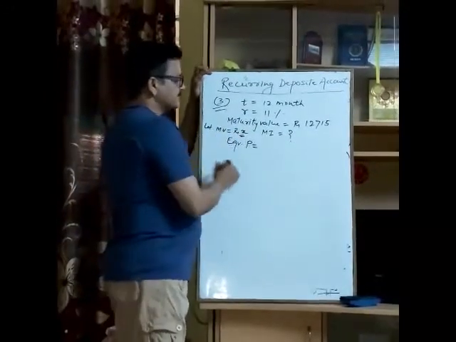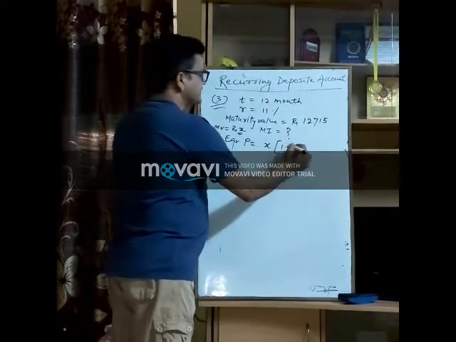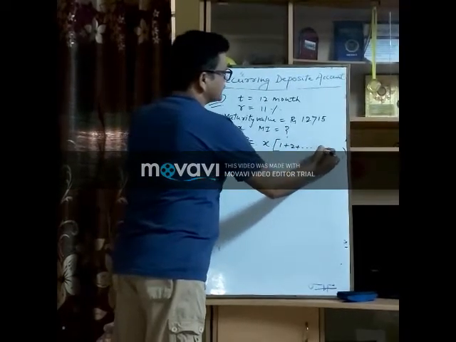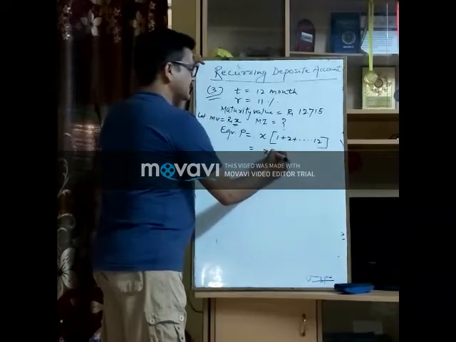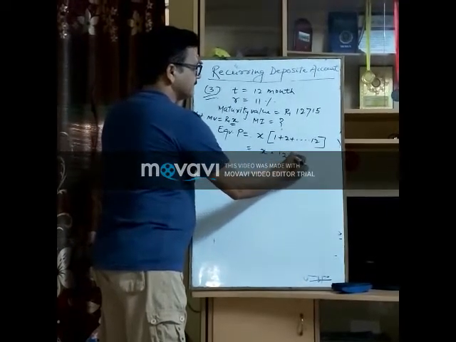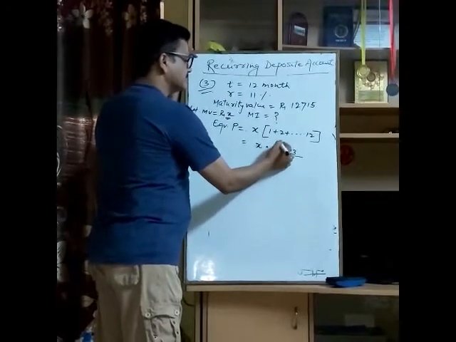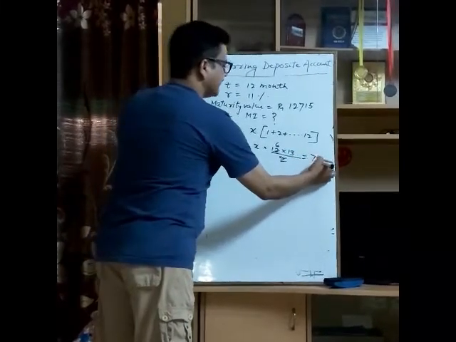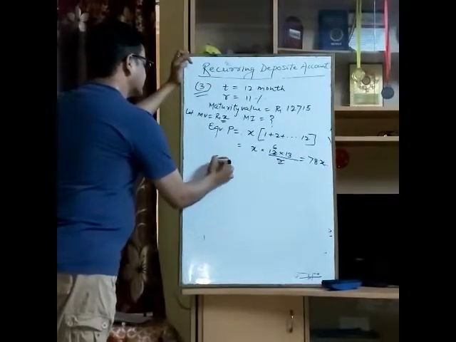Then equivalent principal will become X rupees deposited for 12 months. So it will become X into 12 into 13 by 2. 78X.